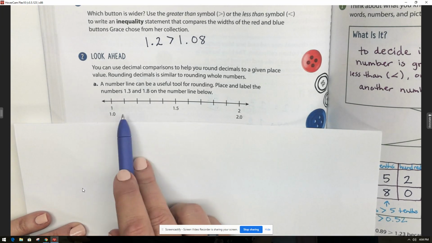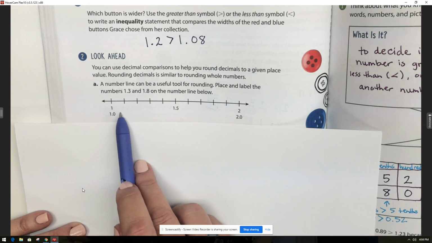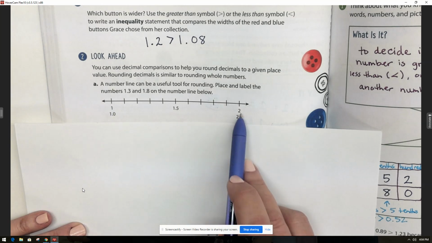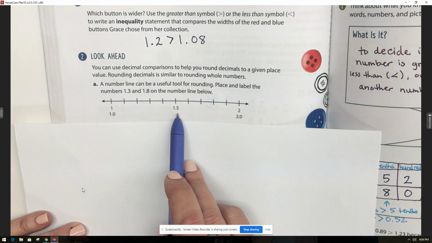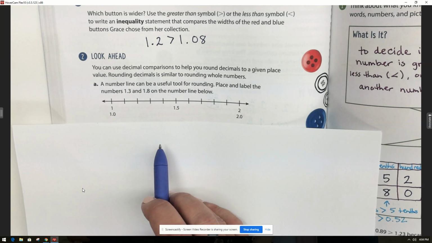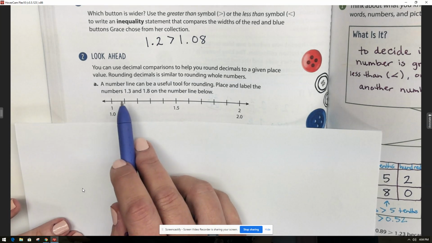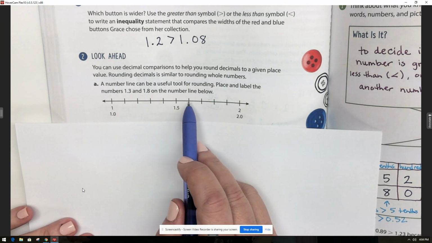So let's start and figure out first. It looks like we are going from one whole to two wholes, and we have this 1 and 5/10 in the middle. That tells me that more than likely each of these tick marks is a tenth.